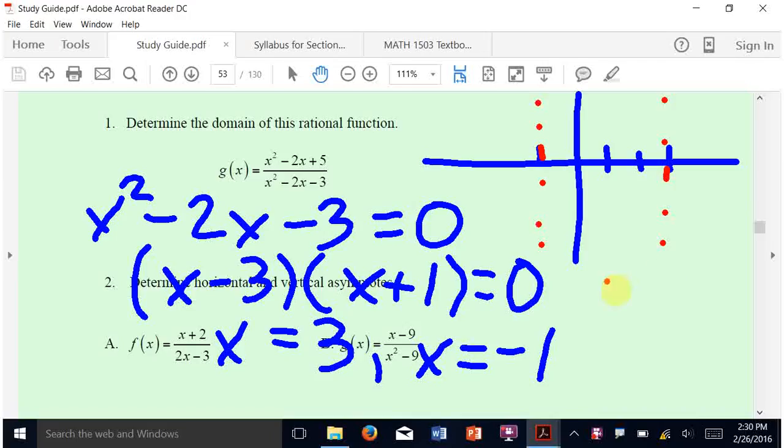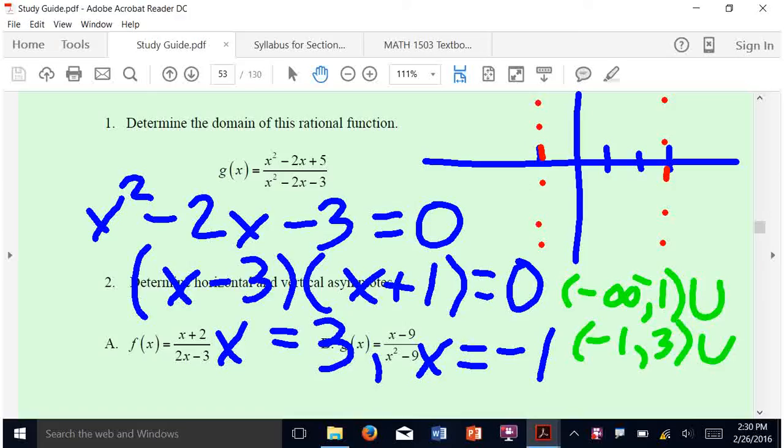So your domain in interval notation would be from negative infinity to negative 1, not included, union the interval from negative 1 to 3, union from 3 to infinity. Okay. And those are the vertical asymptotes where our domain is not defined.